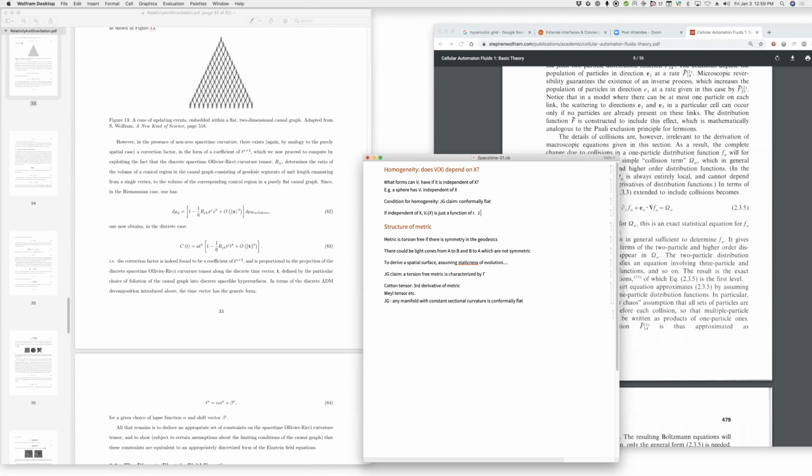Claim, JG claim, first two terms. What is the expansion in? It's in powers of R. First 2 terms in the expansion. Well, that's a mess. An expansion in powers, and I put that in quotes, of R are undetermined.